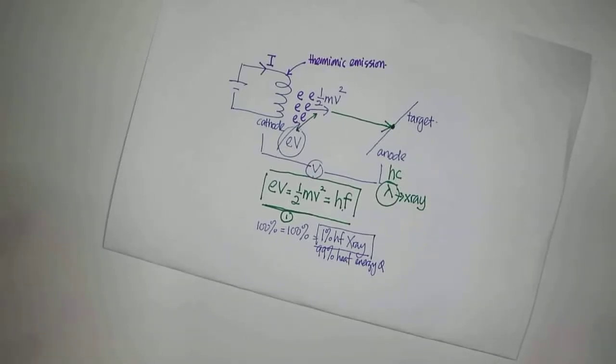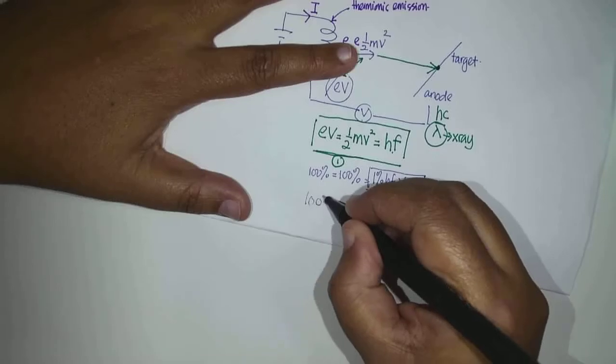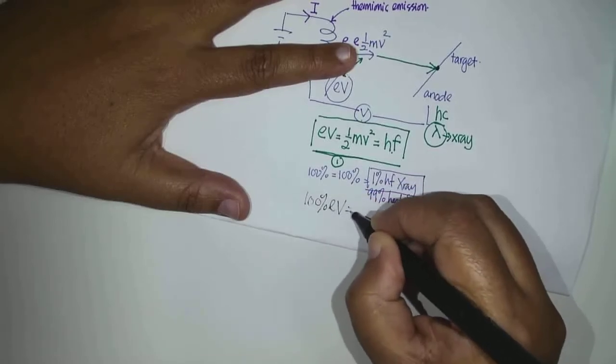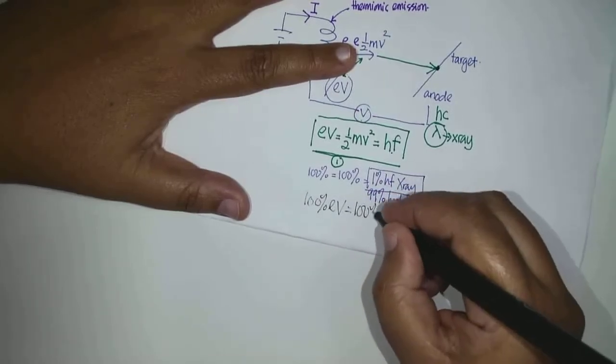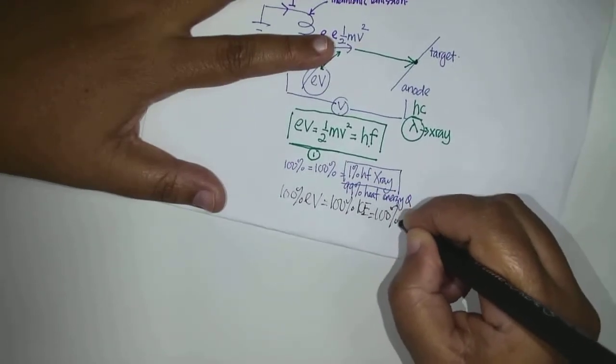Then on top of it, if you want to study the concept of X-ray, we assume 100% of E word is converted to 100% of kinetic energy, which is converted to 100% of HF.